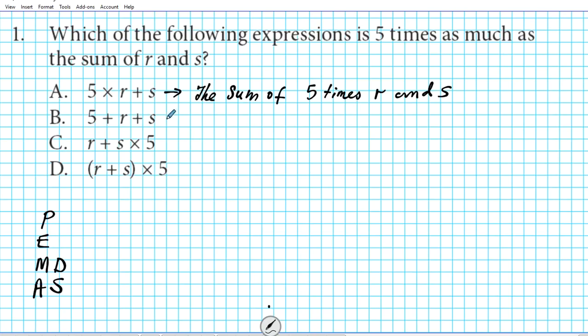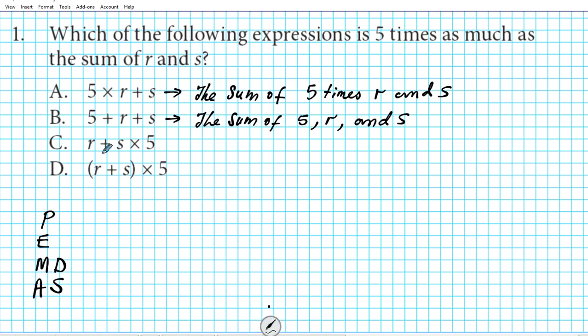They're exactly the same operation, namely the sum. It doesn't really matter in which order you add, you will still get the same answer. So if you want to write this expression in verbal format, it is going to be the sum of 5, r, and s.